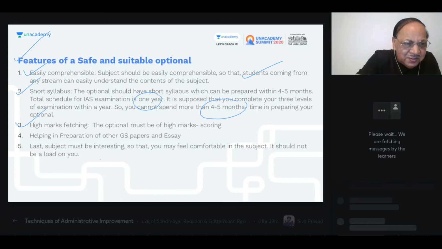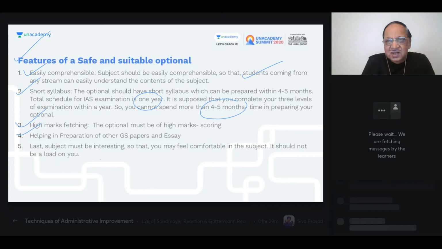The fourth is that you should select an optional which can also help you in preparing your GS papers and your essay, because these are also very important parts of the mains examination, and they will also add some marks for you.